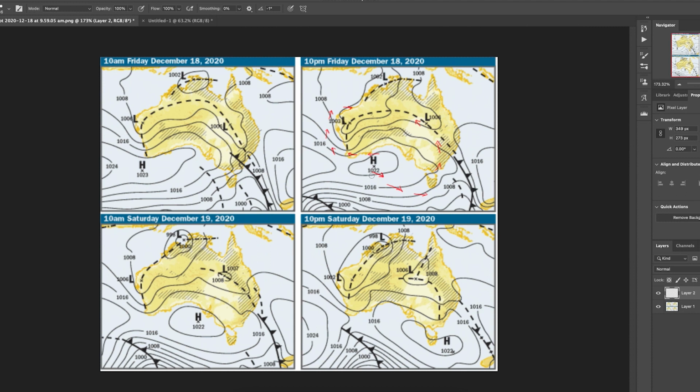In the southern hemisphere, our high pressure systems rotate in an anti-clockwise direction, and our low pressure systems rotate in a clockwise direction. If you wanted to have a quick snapshot at looking at one of these things and quickly tell where the wind is going to be blowing and how strong it's going to be, you can ascertain a lot of information from these things at just a glance.